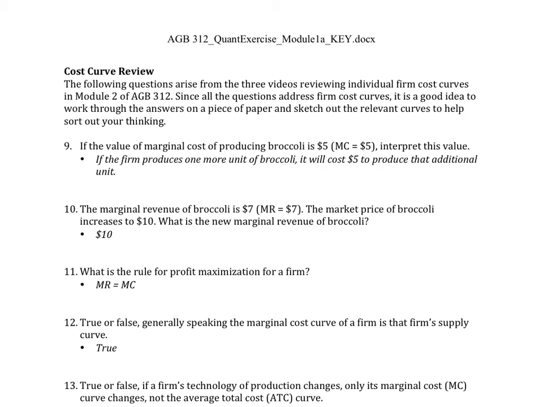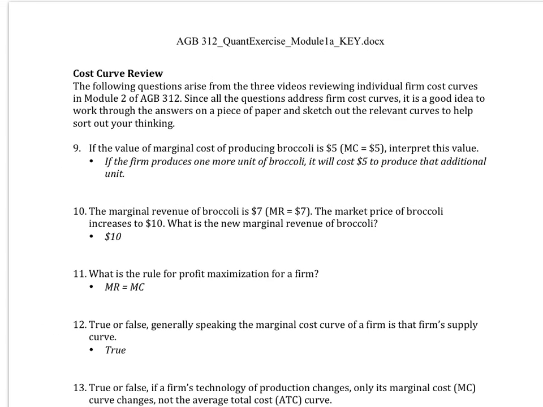Okay, so in this case, we're looking at the cost curve review material, and we're practicing definitions and practicing interpretations. So we have things like marginal cost, identifying a value, interpreting what that means, getting at the conditions of profit maximization.